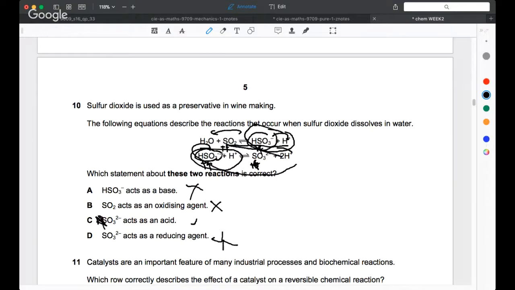In this reaction it actually does act as an acid. But the proton is not the base. Water is actually the base. Water is the one which takes off this proton. So in this reaction it acts as a base, it takes a proton and changes to water. But in this reaction, HSO3 minus plus H plus.